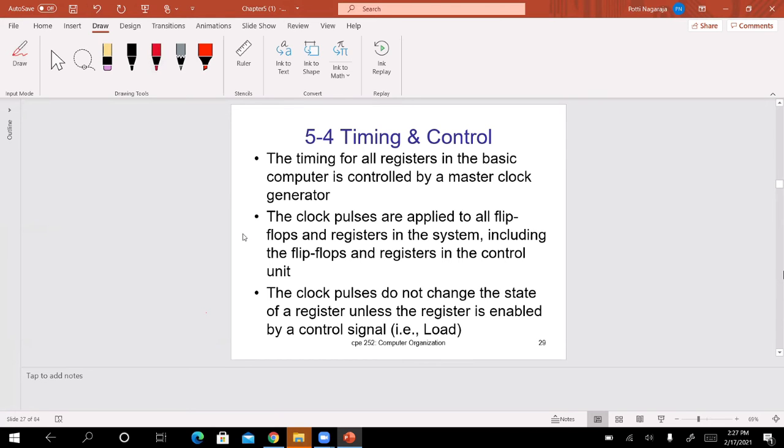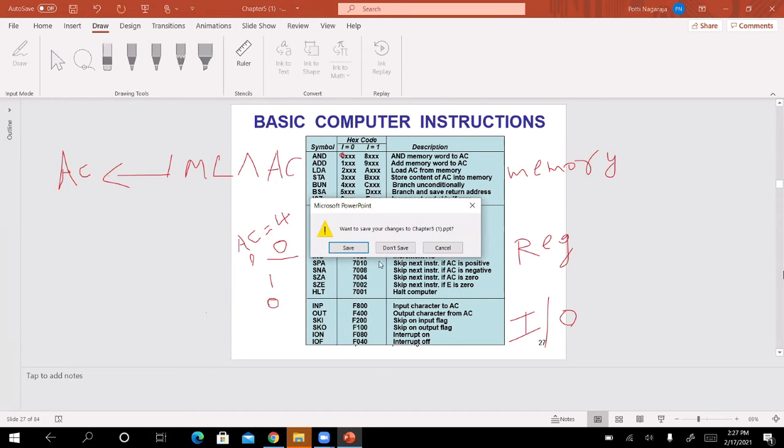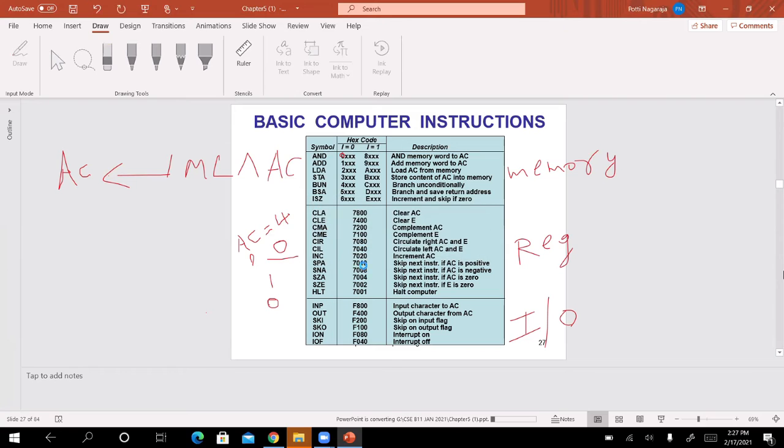Is everyone okay? Did you understand what I said? So these are the basic computer instructions, and next we'll see the control unit.